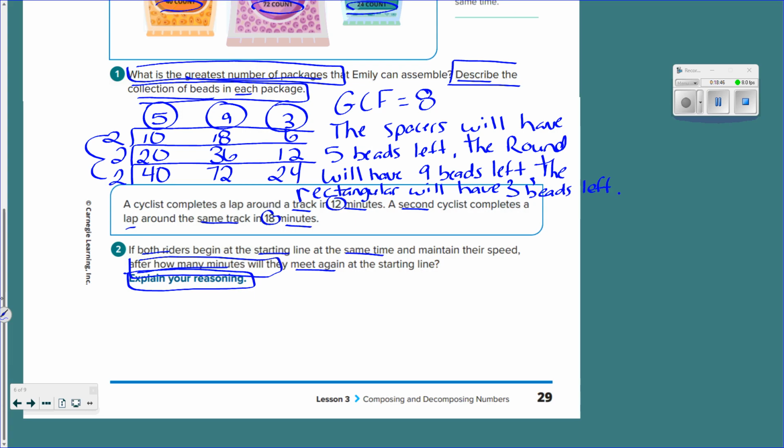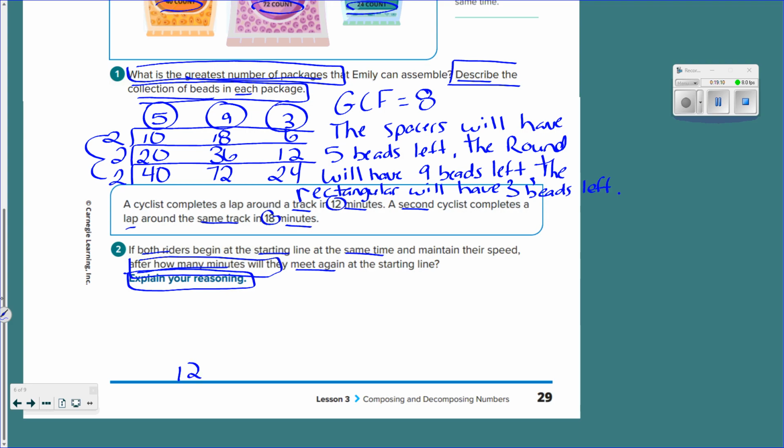Okay. All right, so what are we finding for number 2? The least common multiple. They are multiplying how many minutes they will have to go through until they meet up again. So we're doing 12 minutes and 18 minutes. Can 2 go in each of those? So 6 and 9.